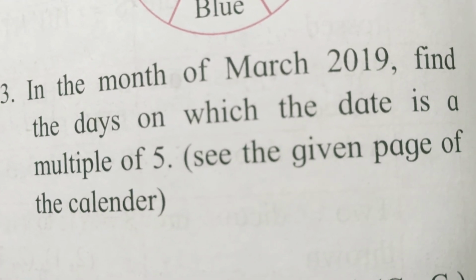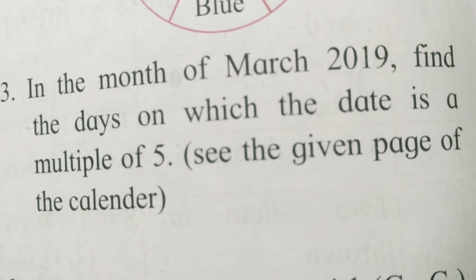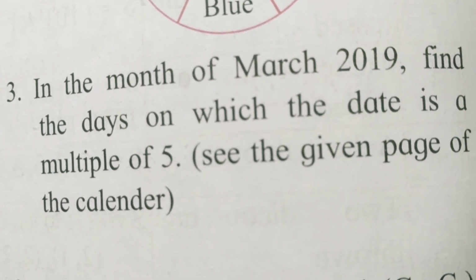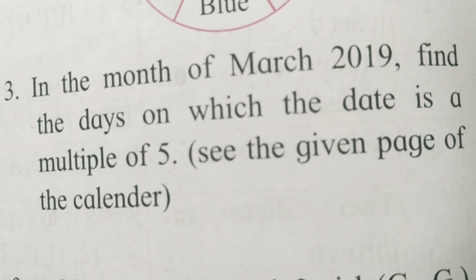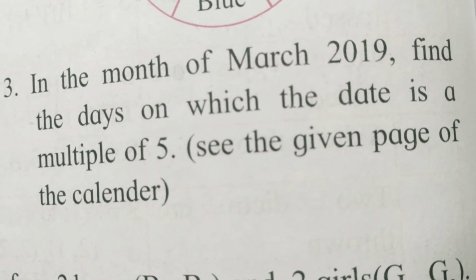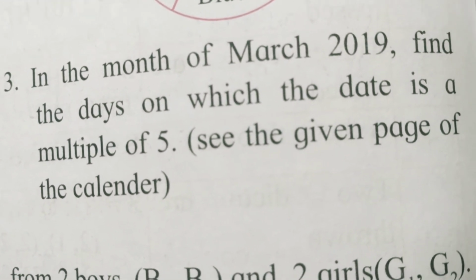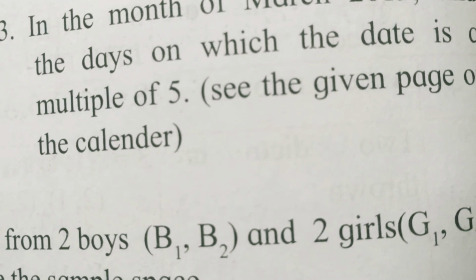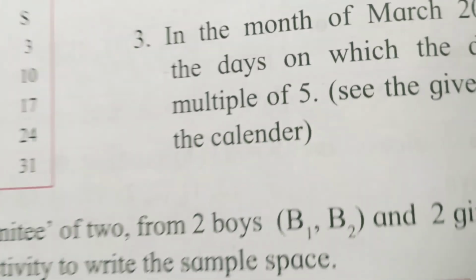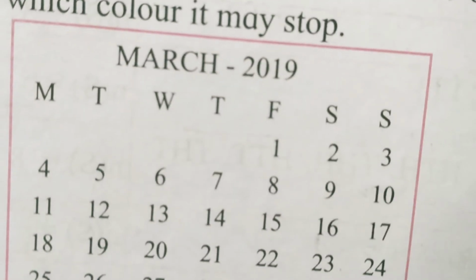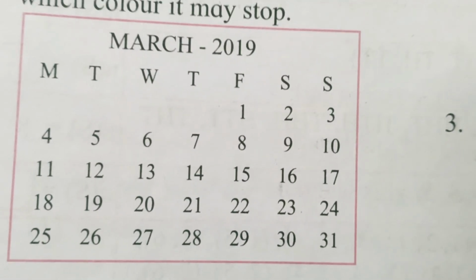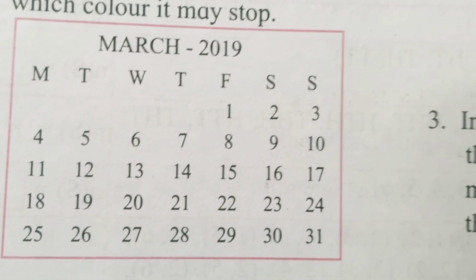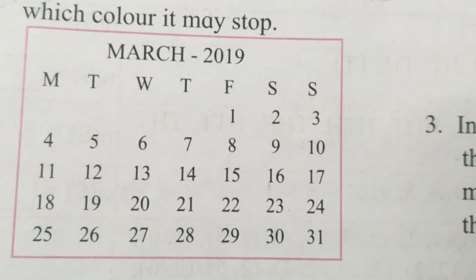In the month of March 2019, find the days on which the date is a multiple of 5. So in the given page of the calendar, that is March 2019, on which days are there multiples of 5.